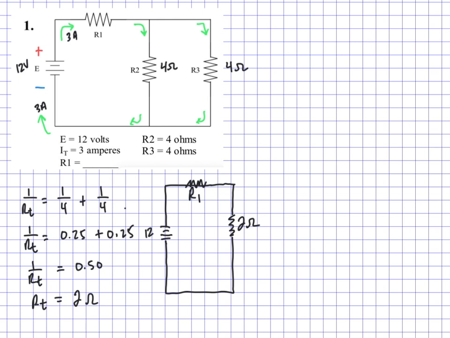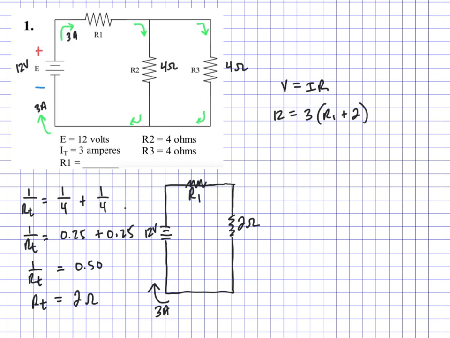We know that this is 12 volts, and we know that the current is 3 amps. So now we can write out Ohm's law: volts is equal to current times resistance. So our voltage value would be 12, and then our current value is 3, and then our resistance is going to be R1 plus 2.